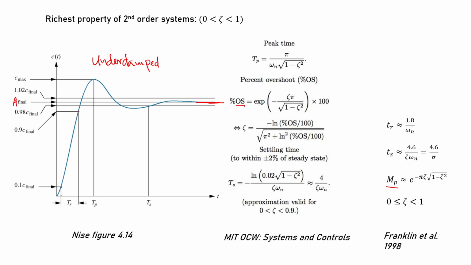So this period is called rising time. You can see it rises from 10% to 90%. So rising time can be estimated like this.